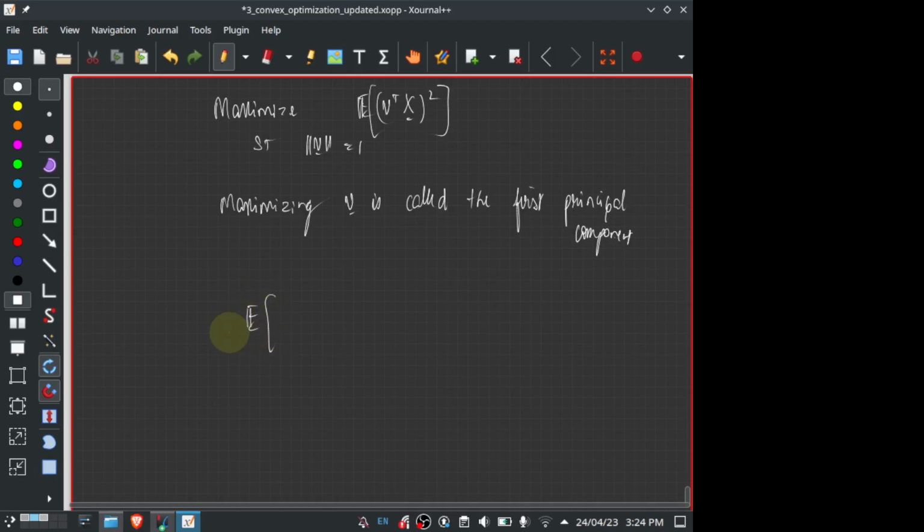We're assuming that expectation of x is 0. So I basically have expectation of (v transpose x) the whole squared, but I can write this as v transpose x times x transpose v.